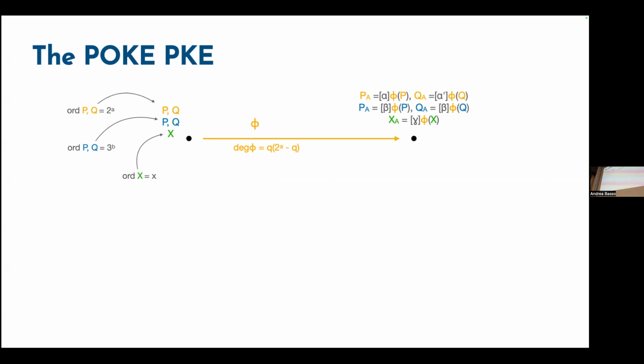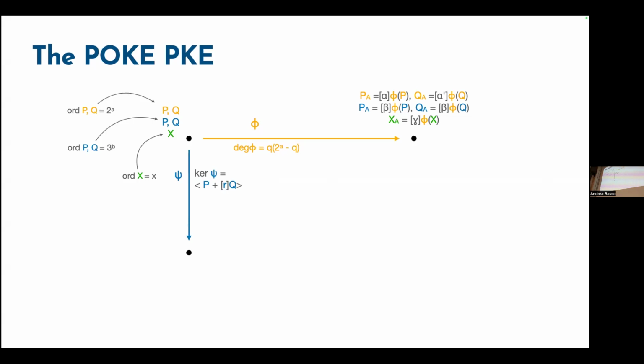But in this case, the security really hinges on the fact that the degree of phi is unknown, because q is sampled randomly during the key generation. So this is not something that is publicly available. And that means that even if you reveal 2 points scaled by the same scalar, this is enough to hide the degree of the isogeny, but this is still good enough to let us compute SIDH-style isogenies.